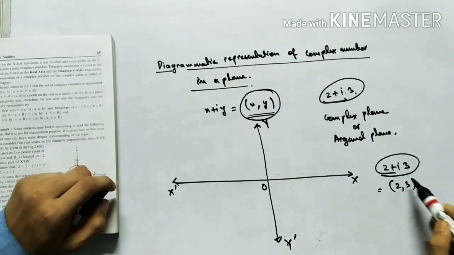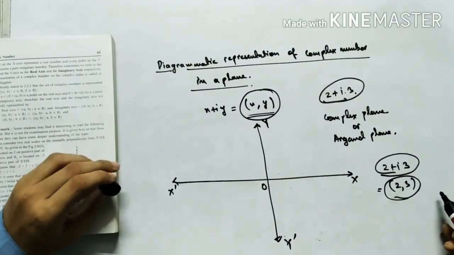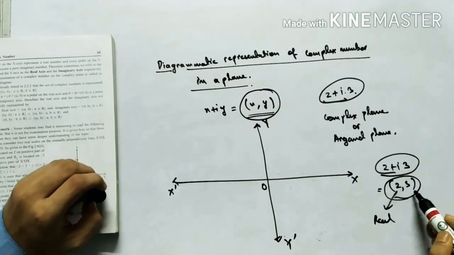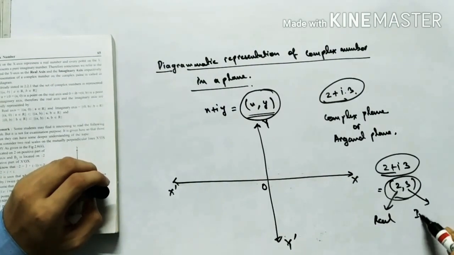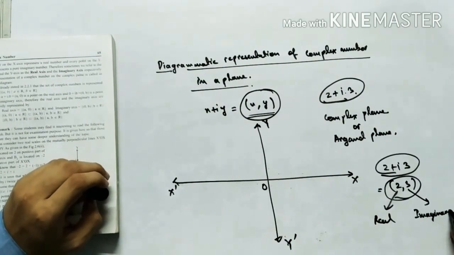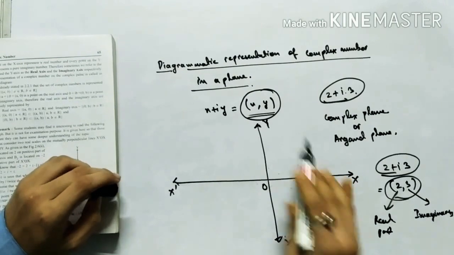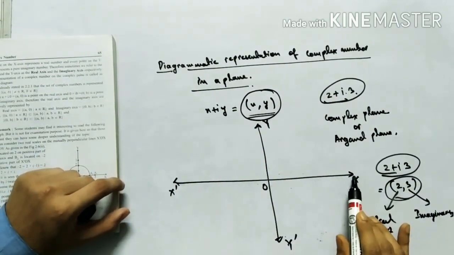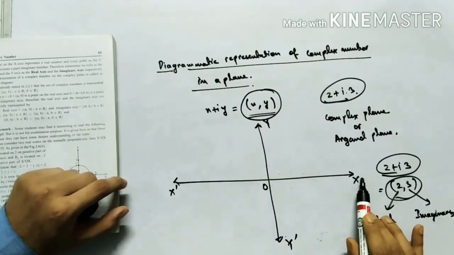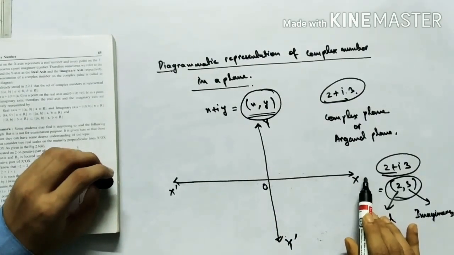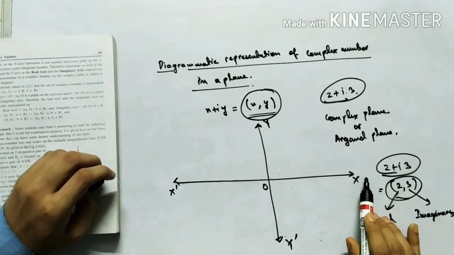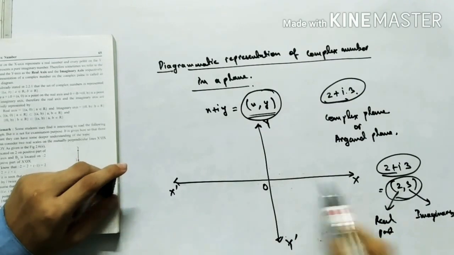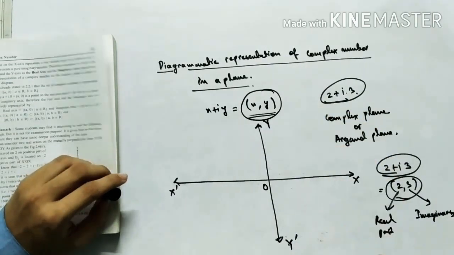I can write this complex number as an ordered pair, where the first component is the real part and the second component is the imaginary part. Now on this complex plane the x-axis is called the real axis, and the y-axis is called the imaginary axis.